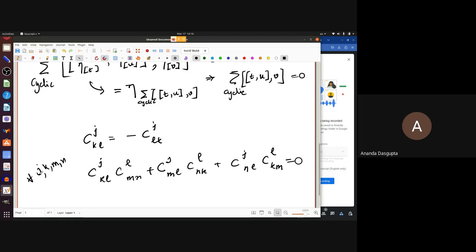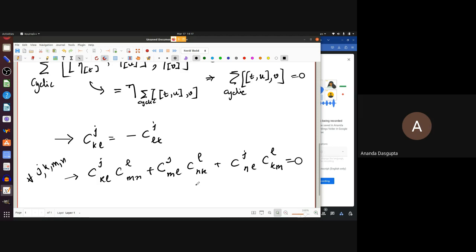If I just give you some arbitrary bunch of structure constants, some bunch of numbers, C^L_JKL, some R cube numbers, will you be able to reconstruct the group from there? The answer is no, you will not be. In order to be able to reconstruct, you will definitely need to obey this, the antisymmetry. You will also need your structure constants to obey this condition, the so-called Jacobi identity.